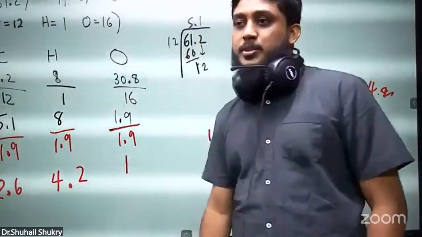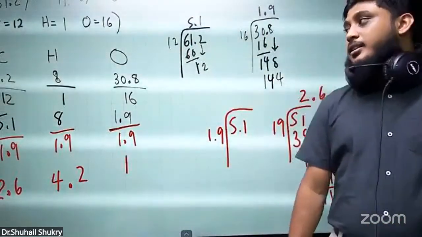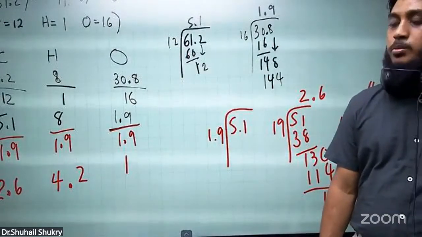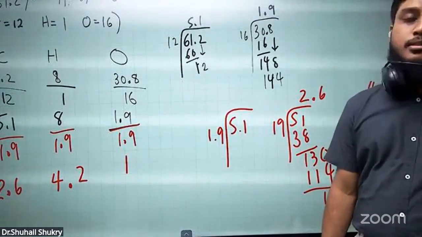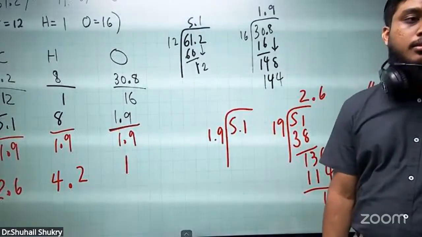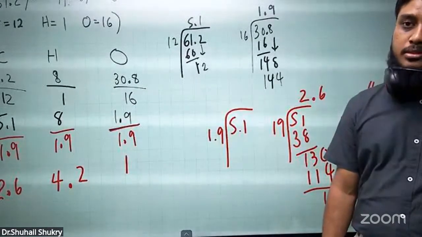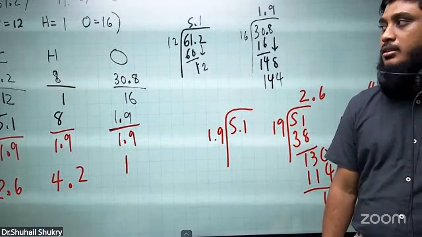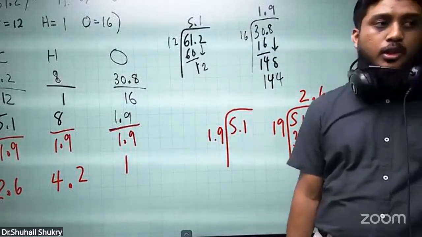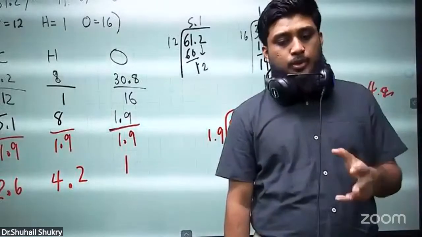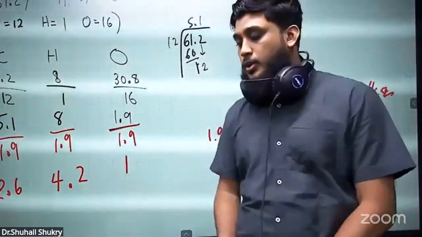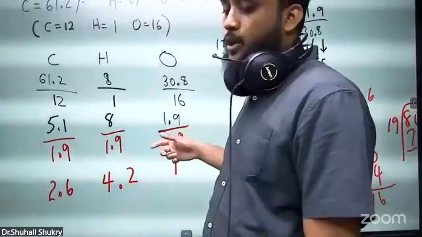Now we get these numbers. Now C 2.6, hydrogen 4.2, oxygen 1. Remember that when you get these numbers, always you have to get the nearest number. Normally in the empirical formula, these compounds can have only what? Whole numbers. Therefore, you have to take the nearest numbers.